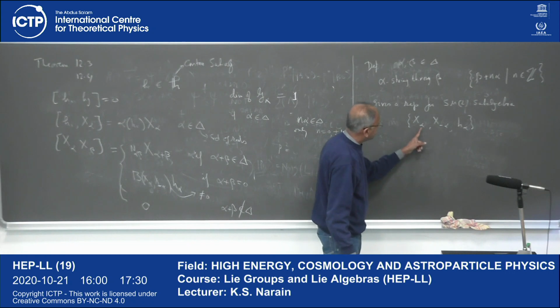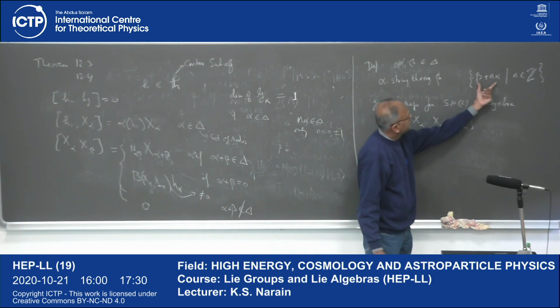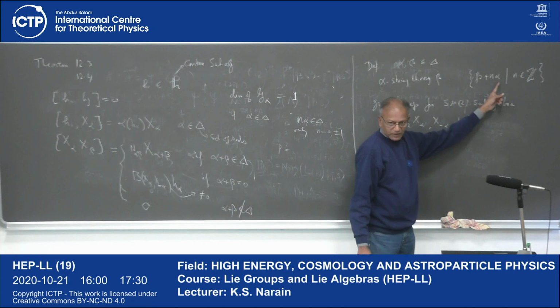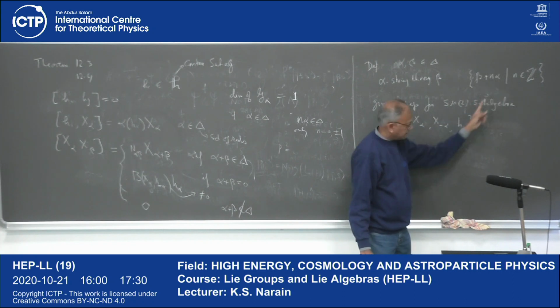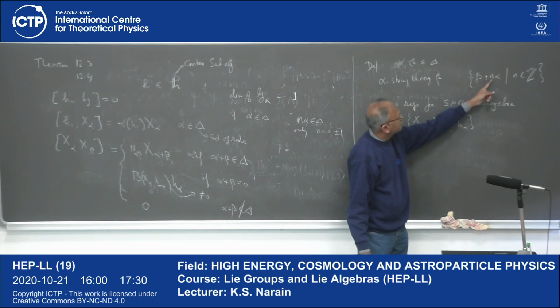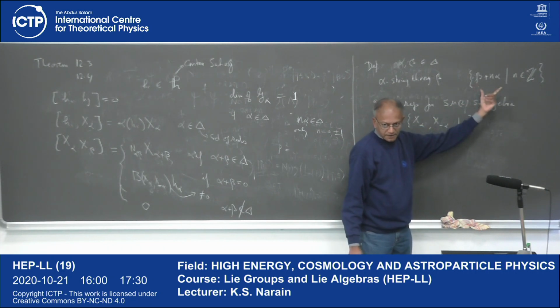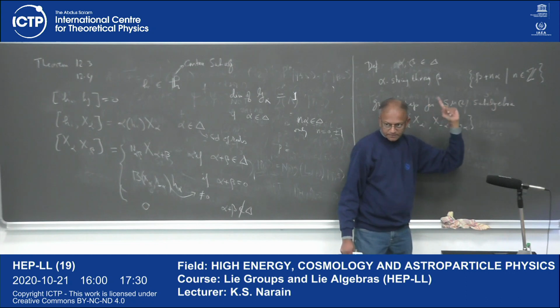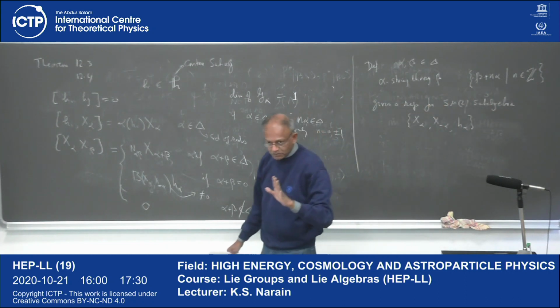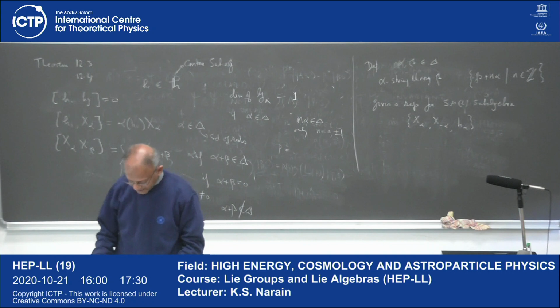When you apply X_alpha on any of these states, n goes to n plus 1. When you apply X_{-alpha}, n goes to n minus 1, and when you apply H_alpha, it stays there itself. So this gives a representation. It need not be a reducible representation, but okay, some representation.